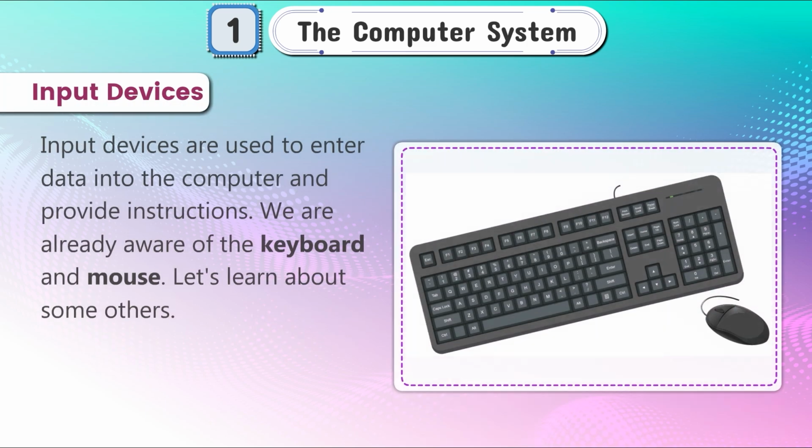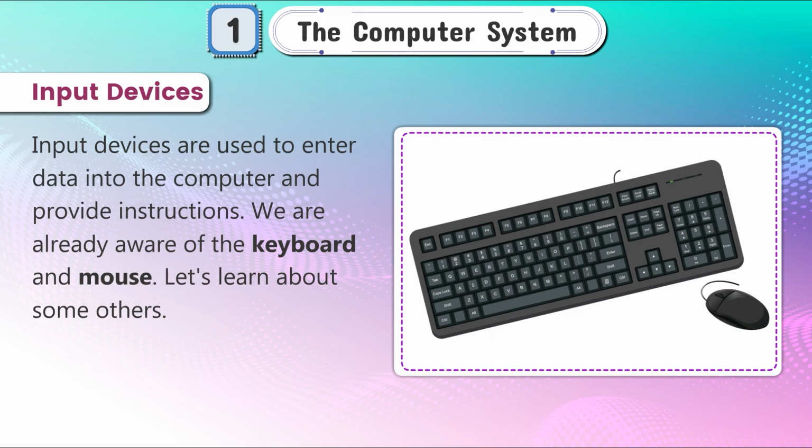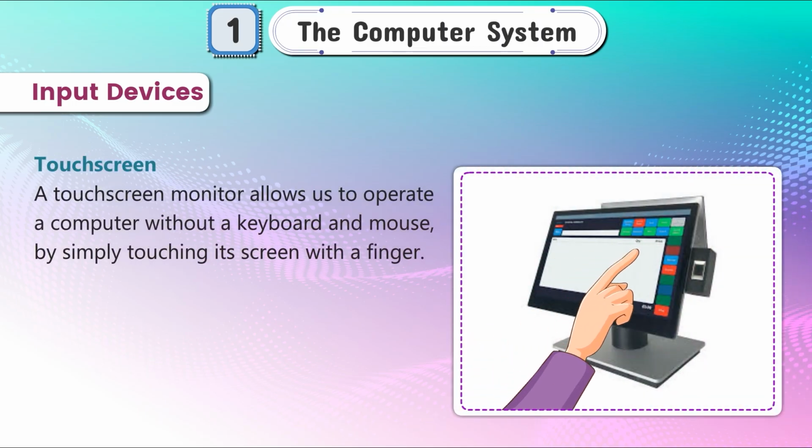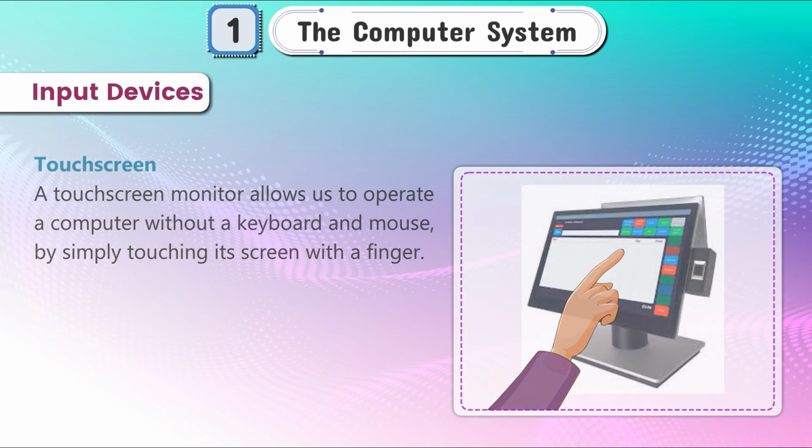Input devices. Input devices are used to enter data into the computer and provide instructions. We are already aware of the keyboard and mouse. Let's learn about some others. Scanner. A scanner reads images, pictures and paper documents. It then sends them as input into the computer. Touch screen. A touch screen monitor allows us to operate a computer without a keyboard and mouse by simply touching its screen with a finger.